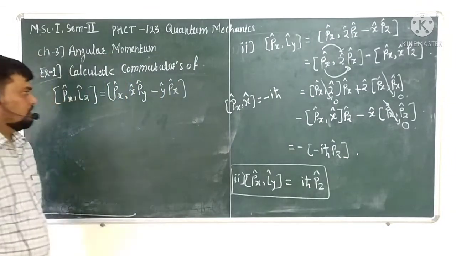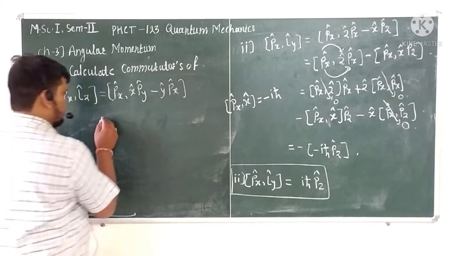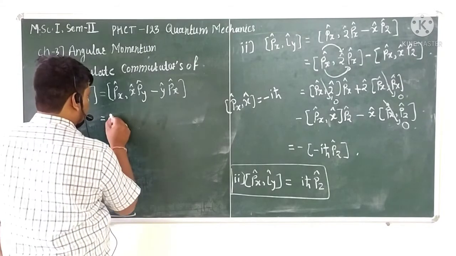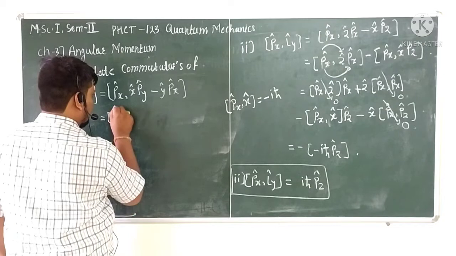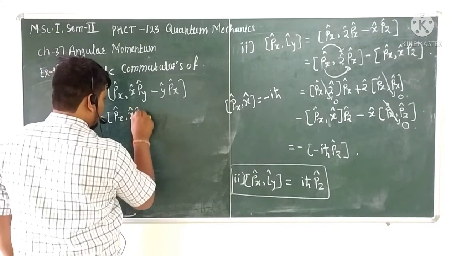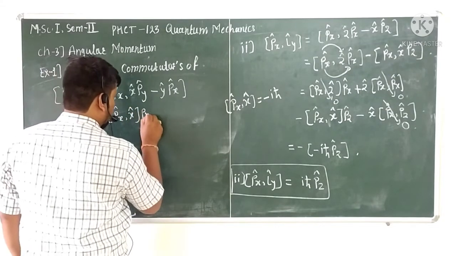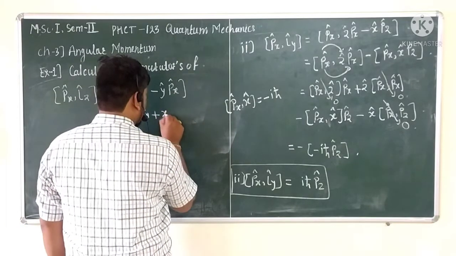Okay, and if you split this commutator bracket, the result will become here: px commutes with this x, [px, x], and outside of this py, plus this x is taken outside.